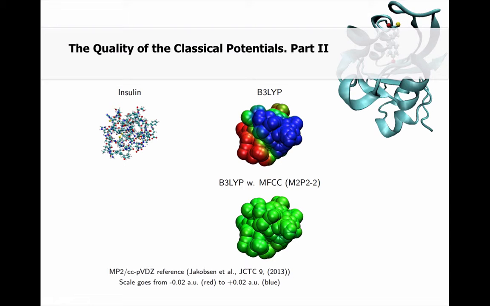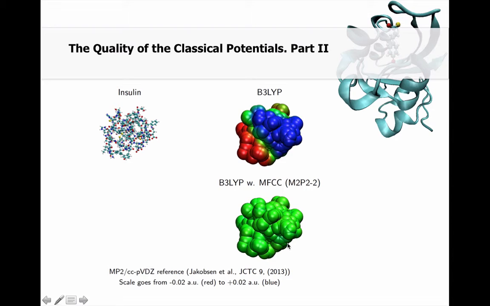And as can clearly be seen from this figure here, using DFT with the B3LYP functional actually gives rise to quite large errors in this electrostatic potential here. The reason for this is the self-interaction error inherent in the B3LYP functional.